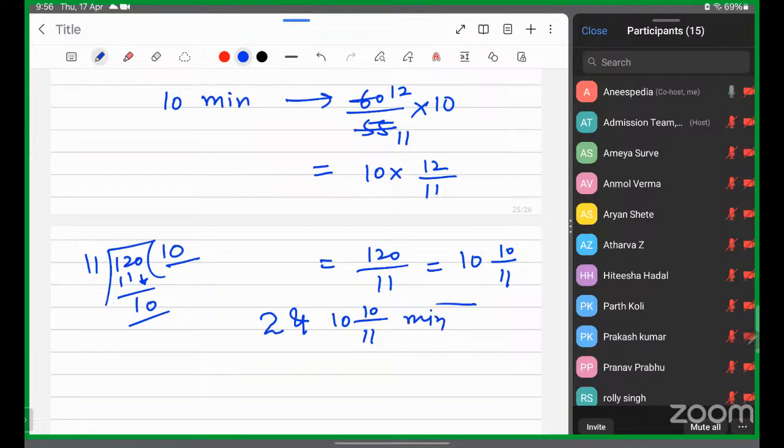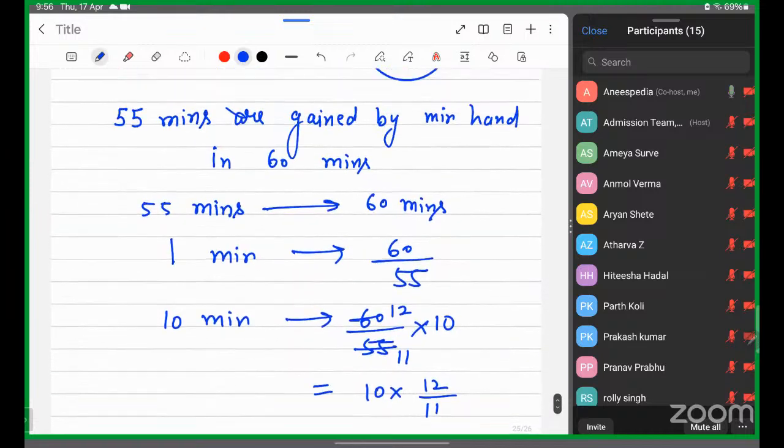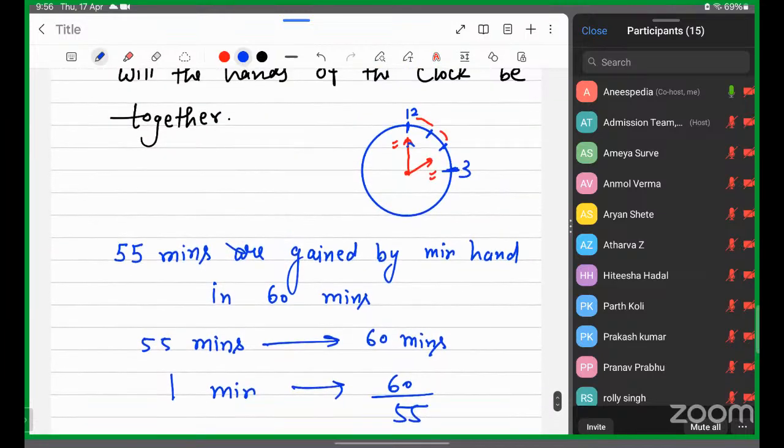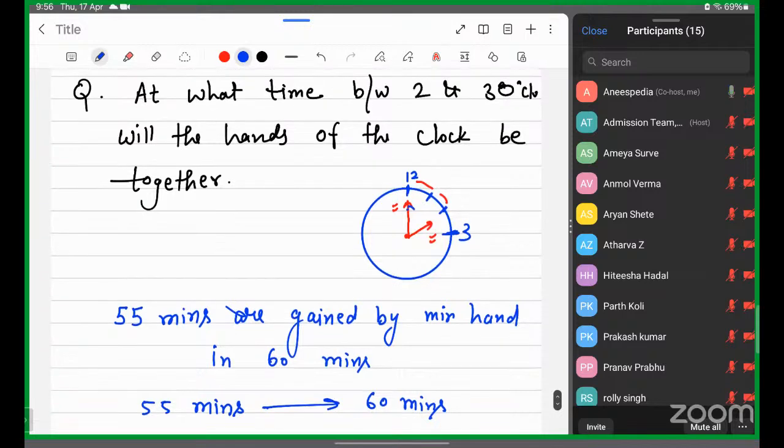So when this will be the time, the hour hand and minute hand will be together. Are you getting it?